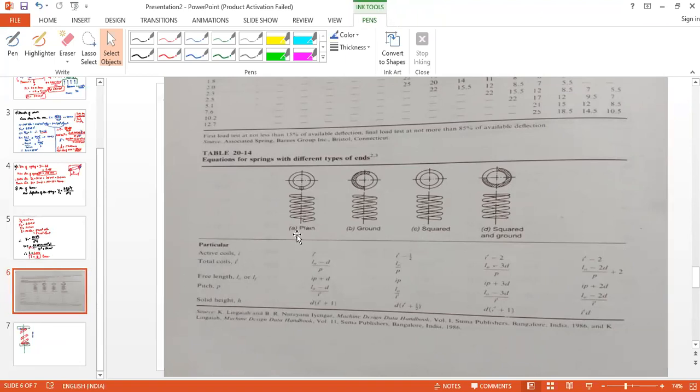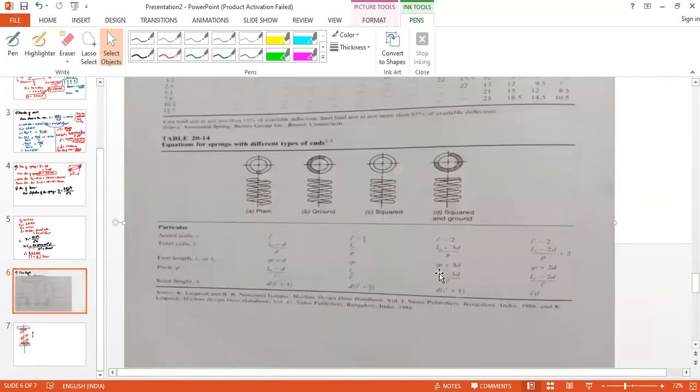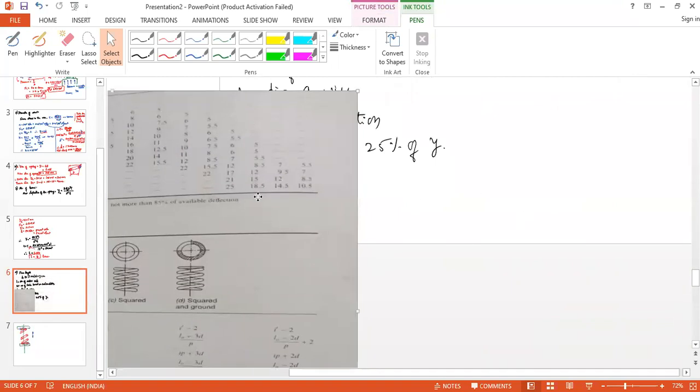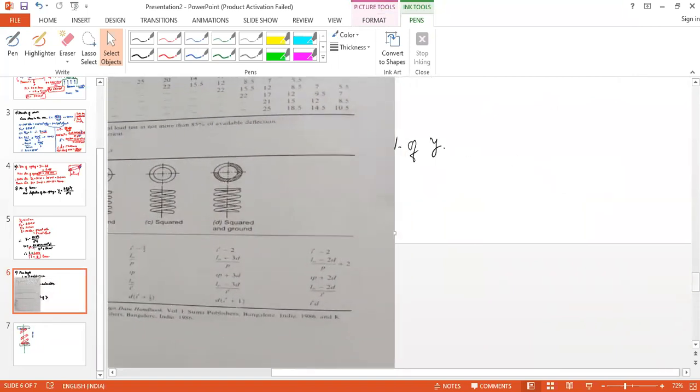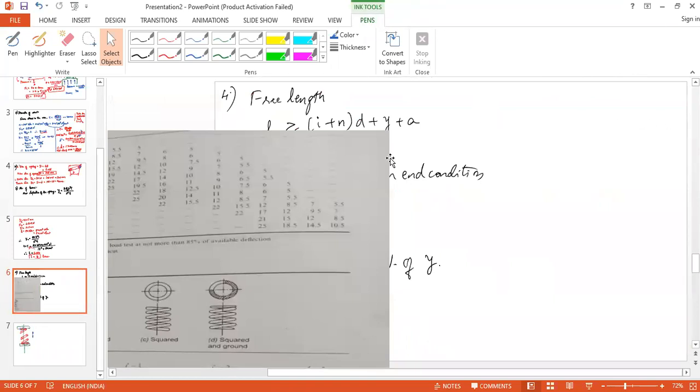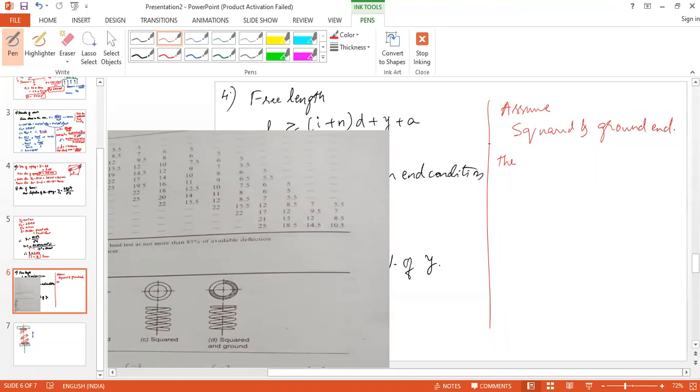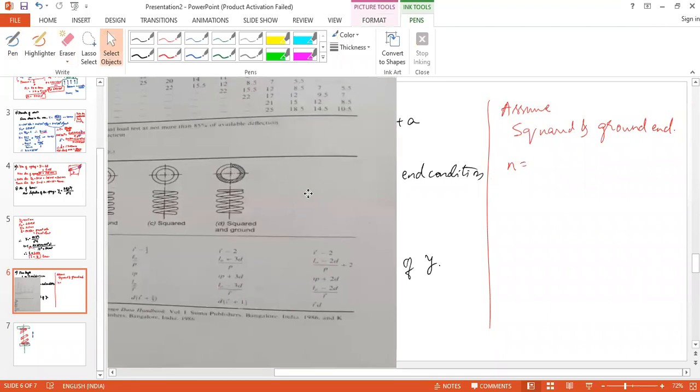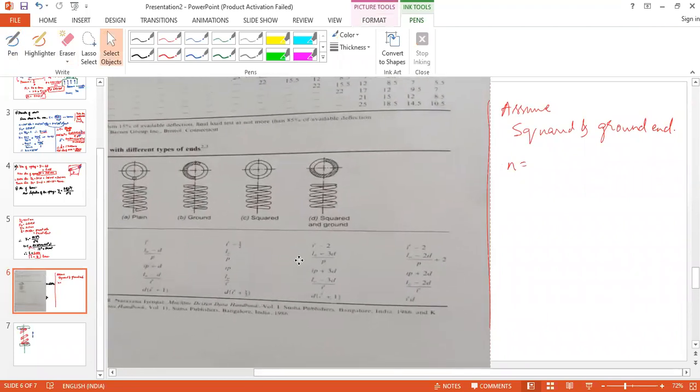Now in this problem, assume a squared and ground end. The number of inactive coils N is equal to how much?